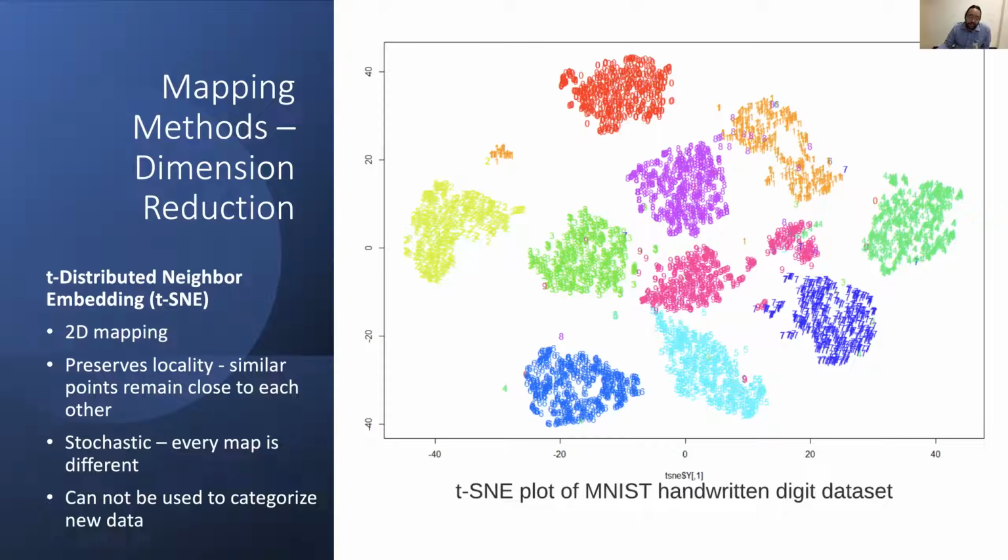In general, you can't get the same map twice, and because of that, you can't use t-SNE to categorize new data. So that's one of the big limitations. You have to put in all your data. You can't say I'm going to split testing and training and then do my testing with t-SNE and then somehow use that mapping on my test data. It just doesn't work that way.